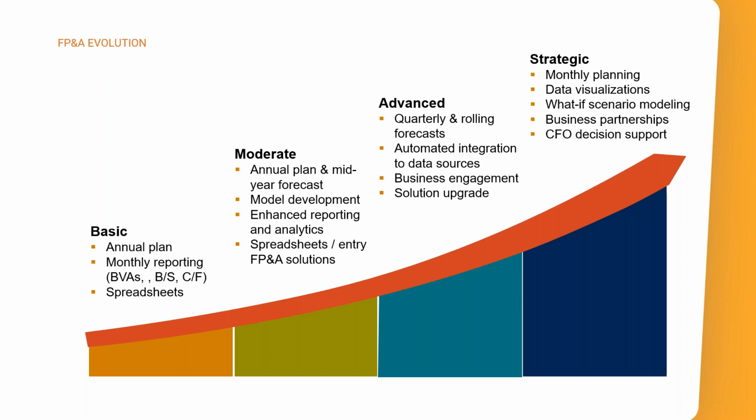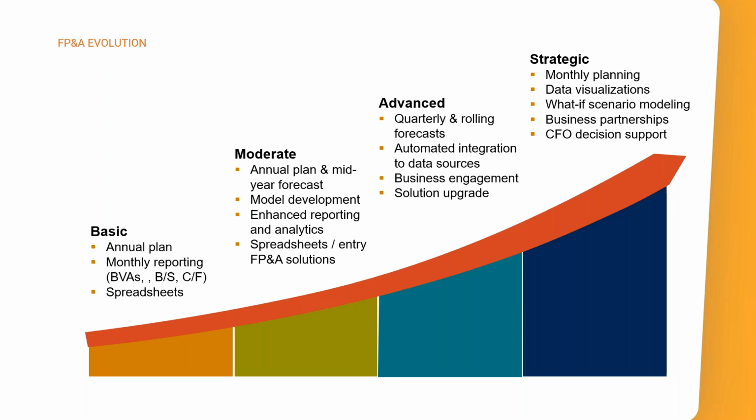So you've got your annual plan, your monthly reporting, your budget versus actual, your statement of financial activities, your statement of financial position, cash flow, but you're primarily on spreadsheets there.